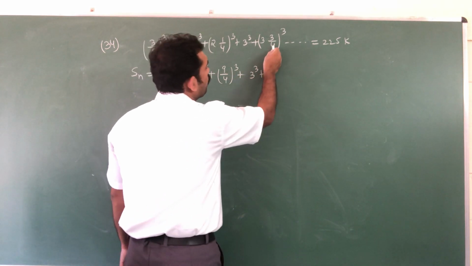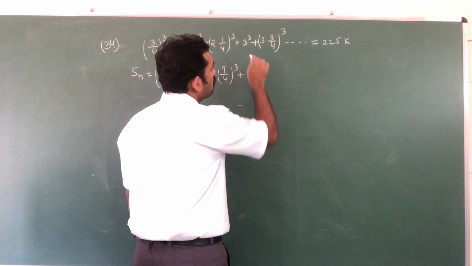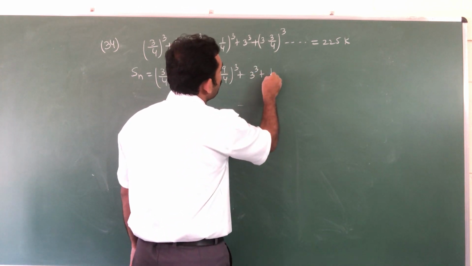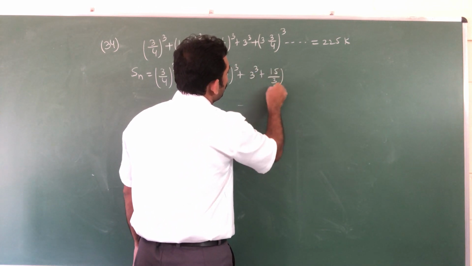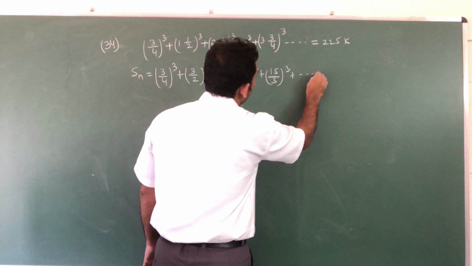Next value, 4 into 3 is 12, 12 plus 5 is 15, so (15/..)^3, and so on.